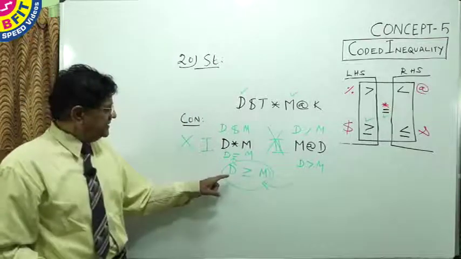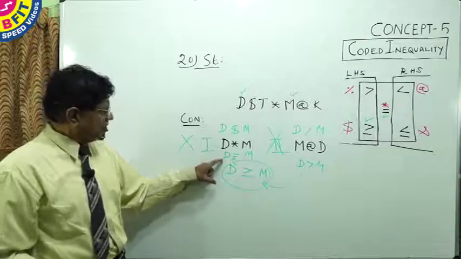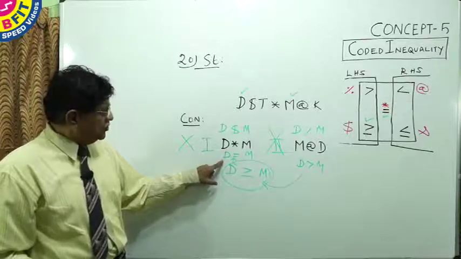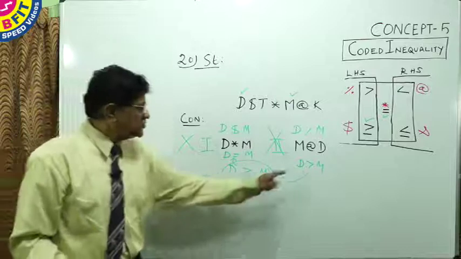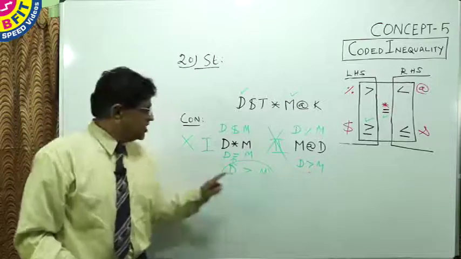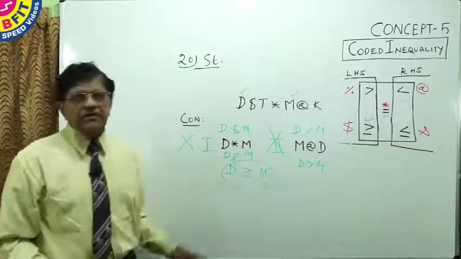You will find that if conclusion 1 is true, then conclusion 2 is false. If conclusion 2 is true, conclusion 1 is false, because they form the complementary pair.